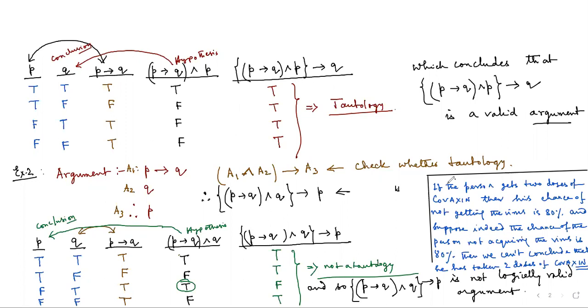And it has been found that his chance of not acquiring the virus is 80%, which doesn't imply that he has got 2 shots of Covaxin. This argument is a logically invalid argument. But the previous one is a valid argument, and we can very well see why it is a valid argument.